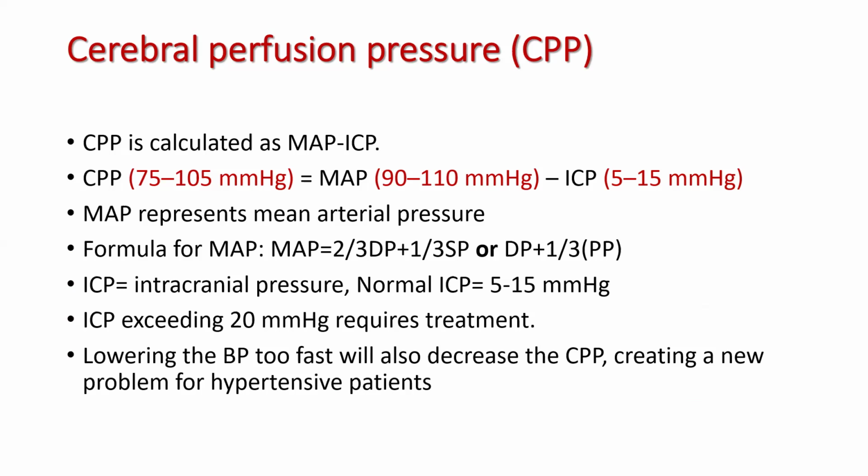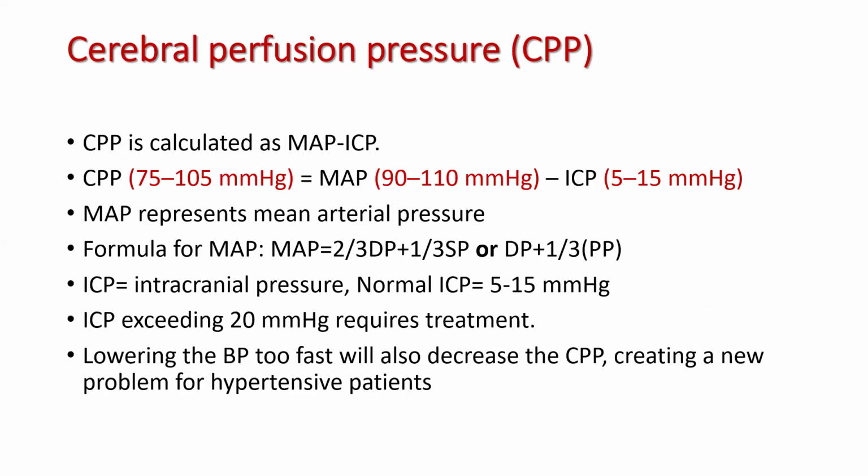So you check the cerebral blood flow, how much blood flows in a brain tissue per minute. Find out how much blood flows to the brain per minute, isn't it?